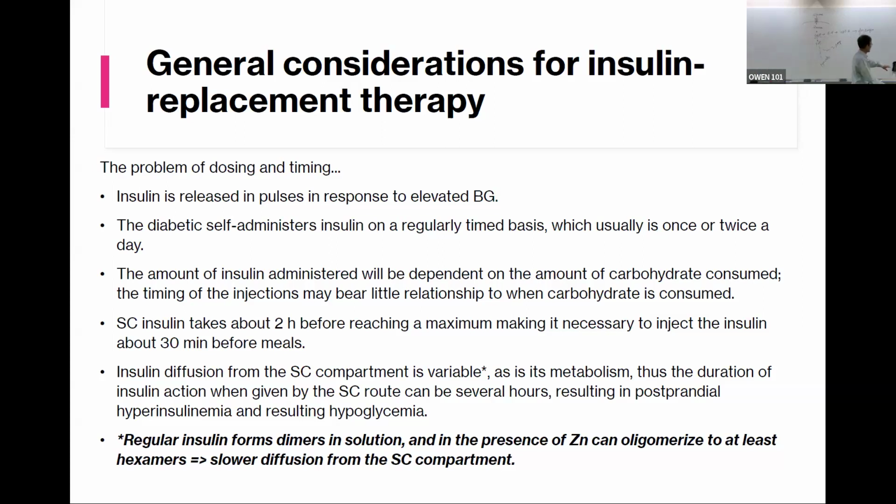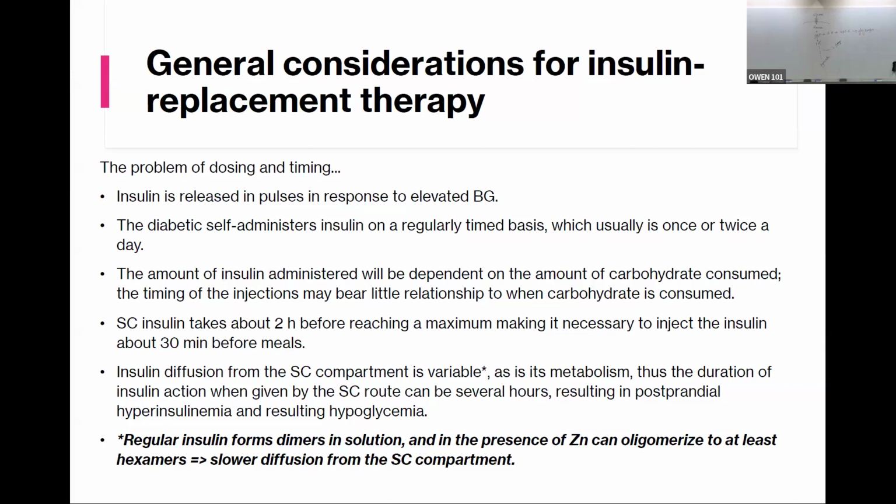This is the last one, just a hint. This is the reason why zinc can prolong insulin activity, because zinc forms oligomers of insulin. Insulin by itself is always present as a dimer, and then in the presence of zinc, it makes a hexamer. Making a hexamer means it becomes bigger and more difficult to absorb from the skin.